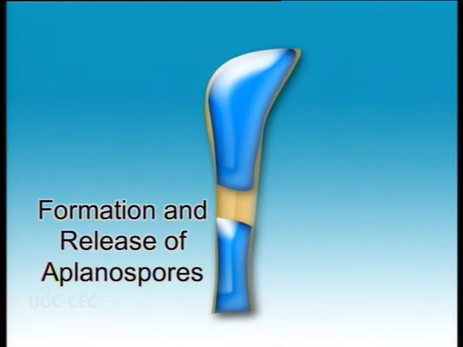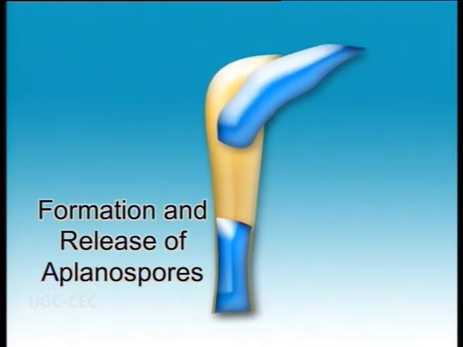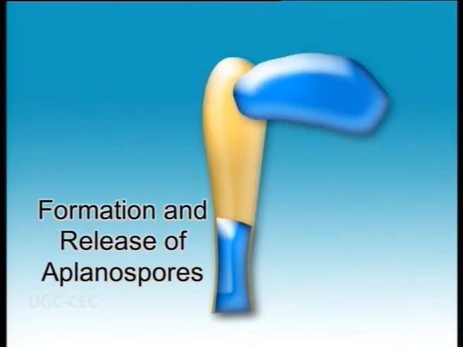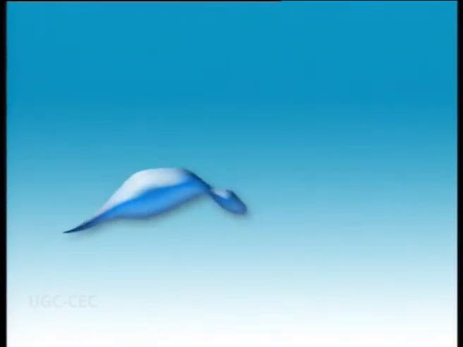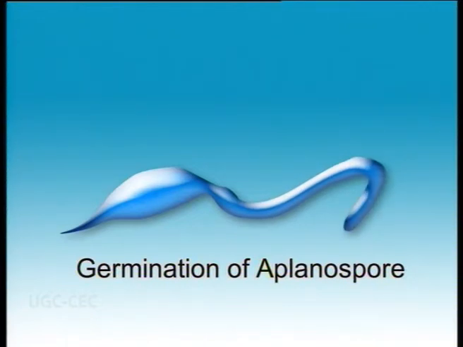The single aplanospore produced within the aplanosporangium is set free through the apical pore formed by the dissolution of the sporangial membrane. After liberation, the aplanospore germinates to give rise to a new thallus.